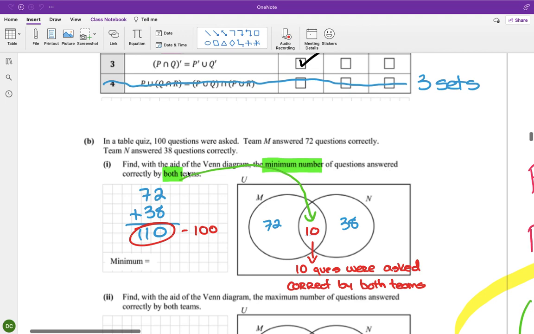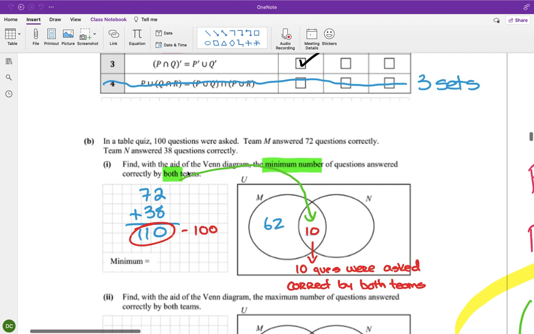So if team M in total got 72 correct, and 10 of those correct answers were shared with the other team, that means they got 62 right that the other team didn't get right. They got 62 of their own correct answers. And then you have the same logic over here.